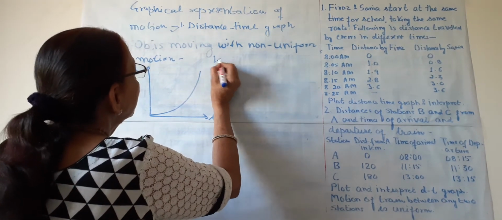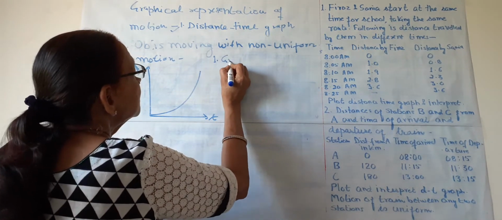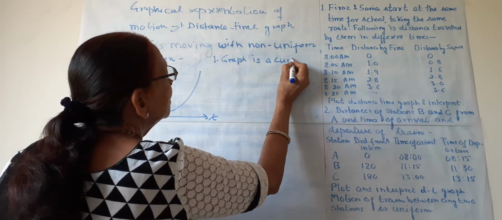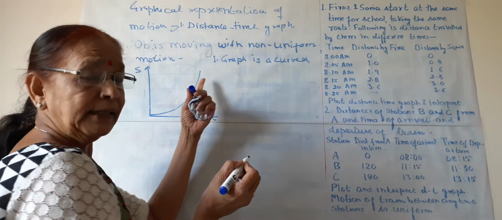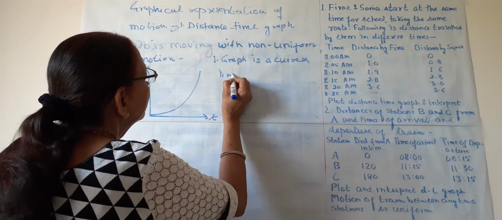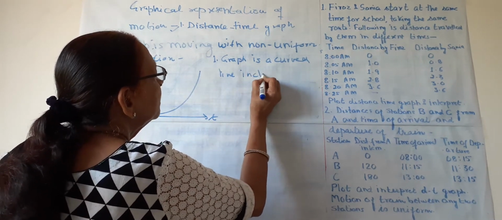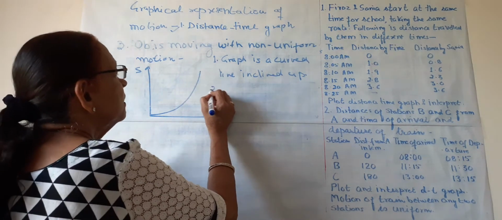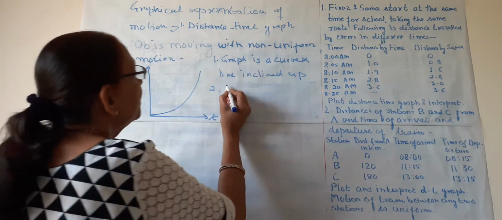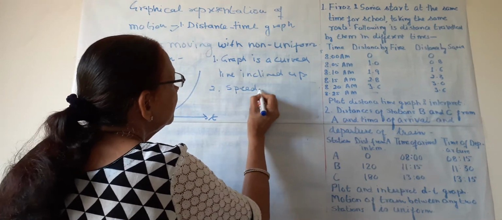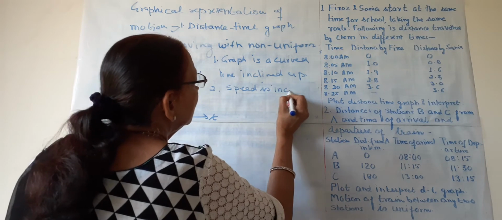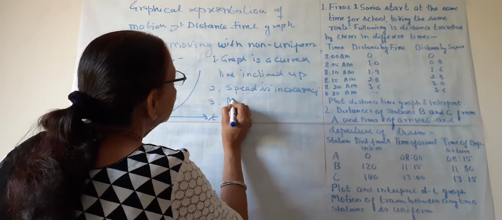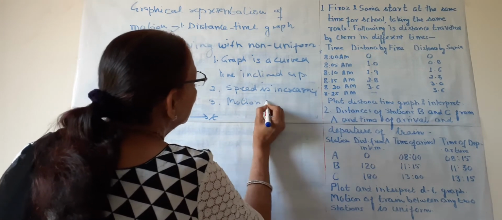The points you can write, graph is a curved line. This is not a straight line, it is a curved line, inclined up. It is going like this. So when it is going up, it is showing that speed is increasing. Motion is non-uniform.